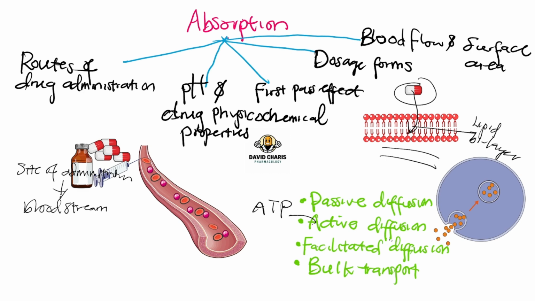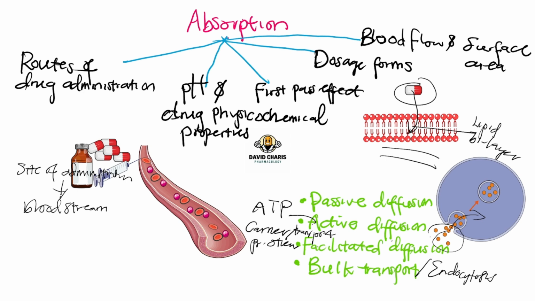Facilitated diffusion is the movement of this drug across different concentration gradients by the help of a carrier protein or a transport protein. Bulk transport, otherwise known as endocytosis, as you can see here, is the engulfing of large molecules of drug directly into the cell.